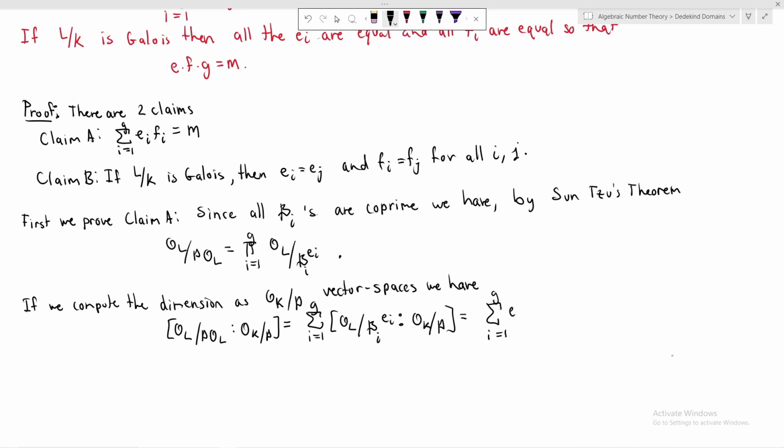Each of these is equal to the product of the ramification degree times the residue degree. And so this equality here is due to the last lecture.